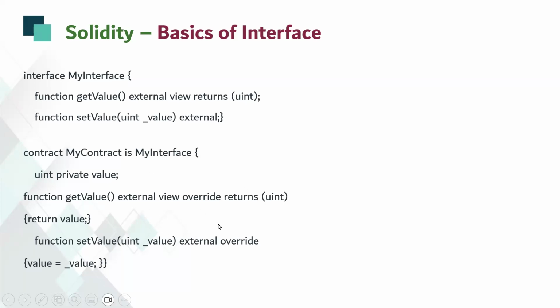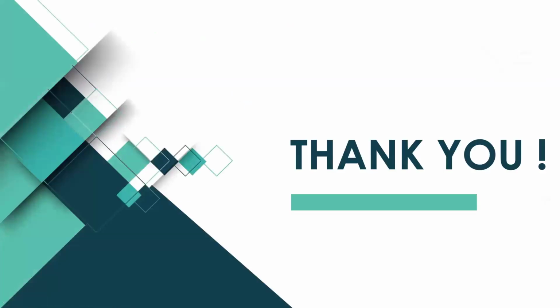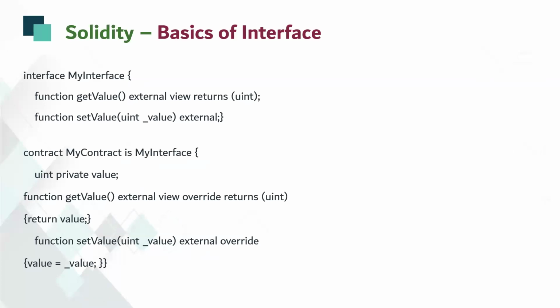Other contracts can then implement this interface by providing the necessary function definitions. Look at this block. In this code, MyContract is a contract that implements MyInterface.